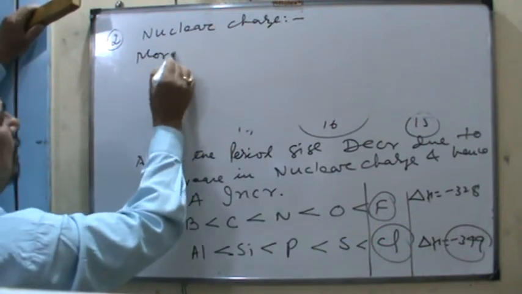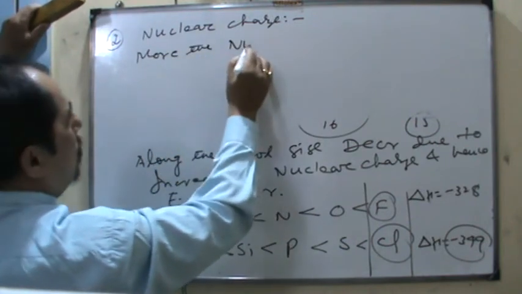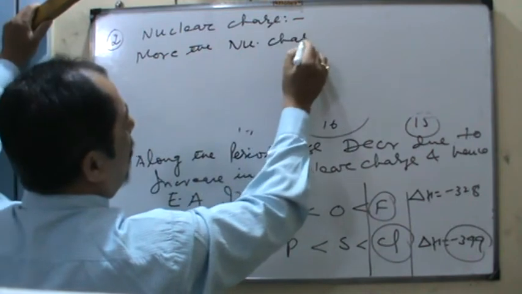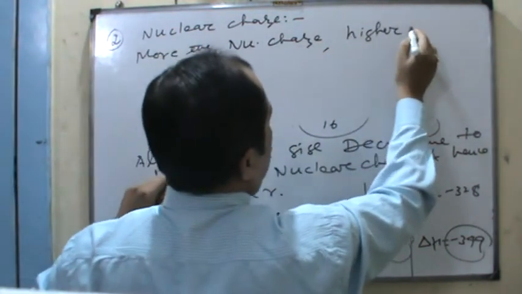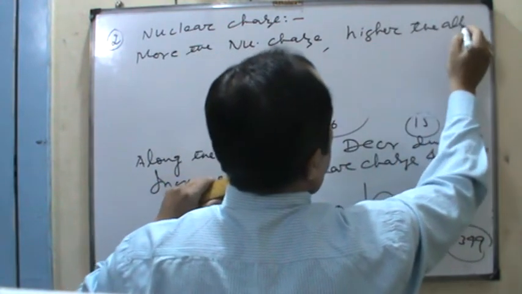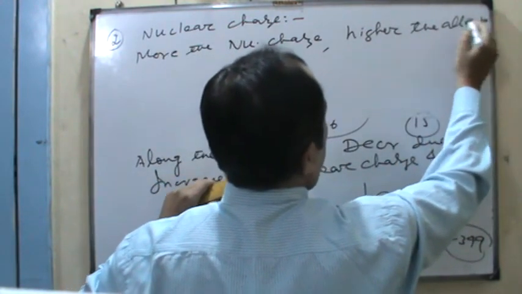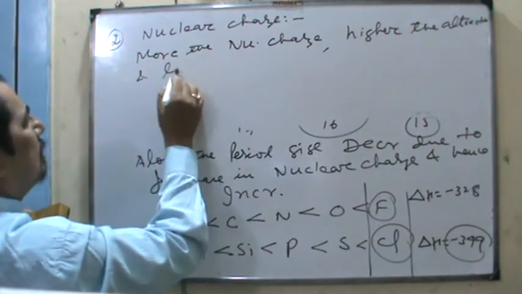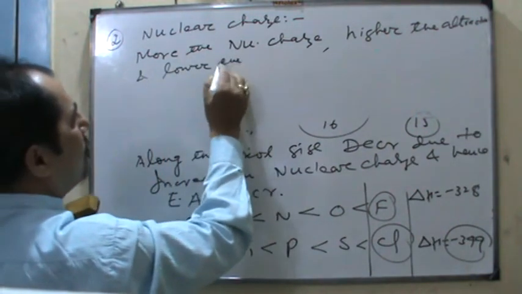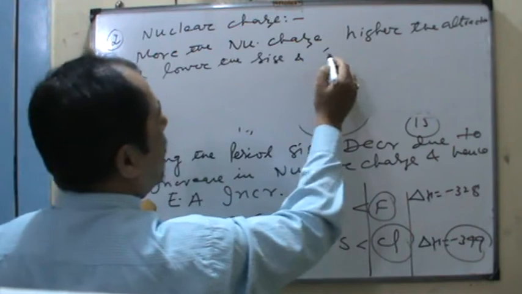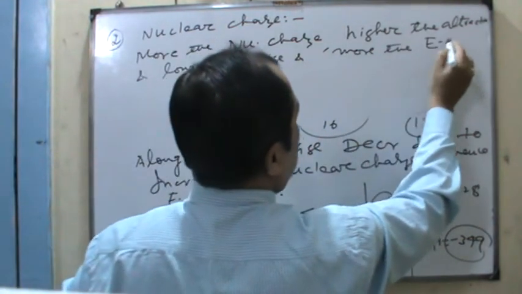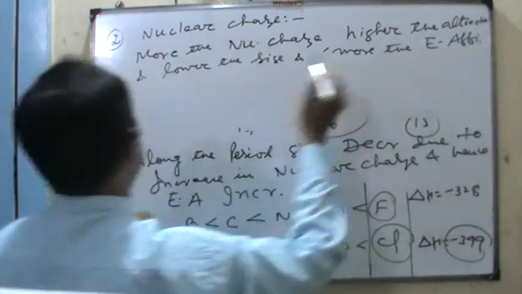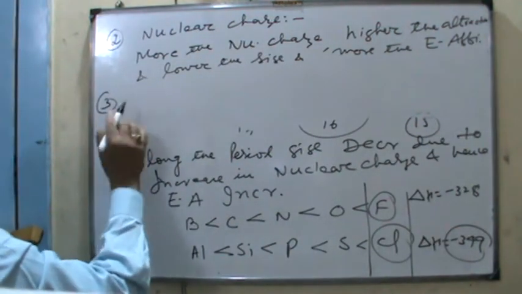The more the nuclear charge, the higher the attraction, and the lower the size, and the more the electron affinity.